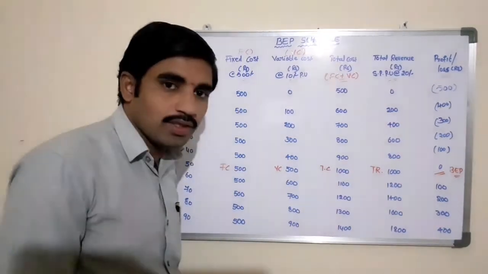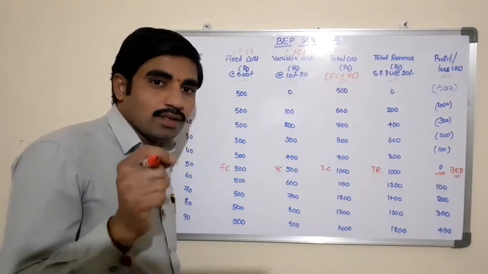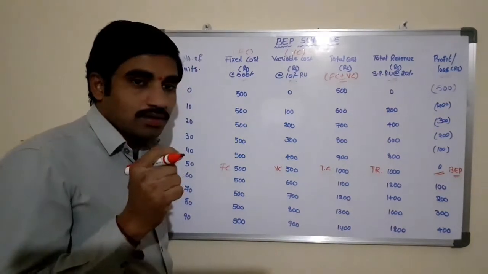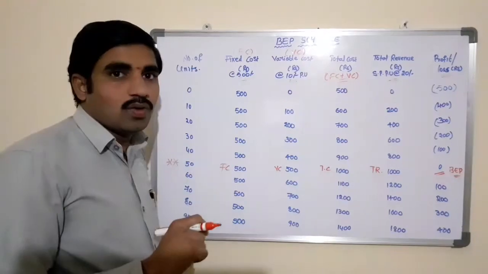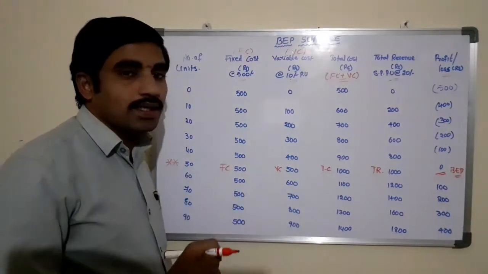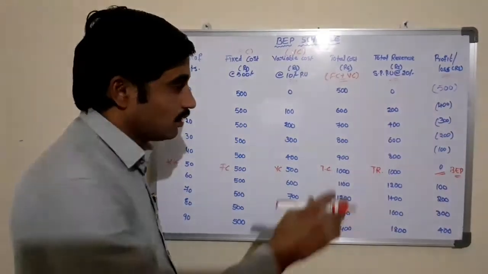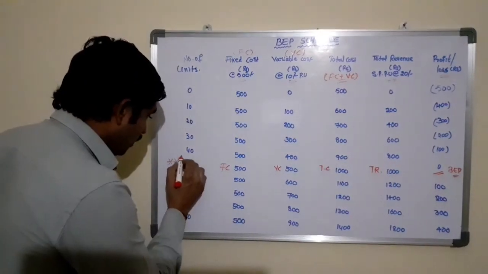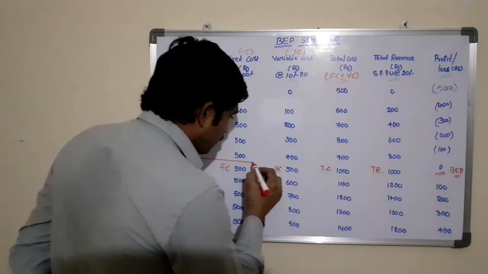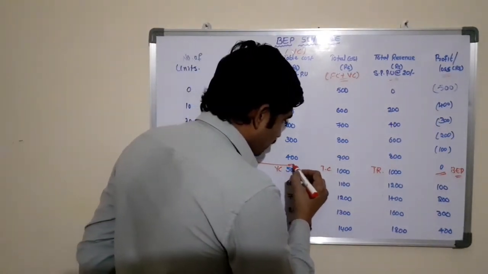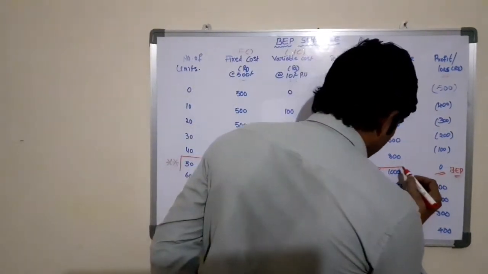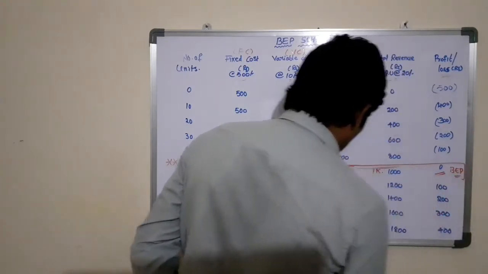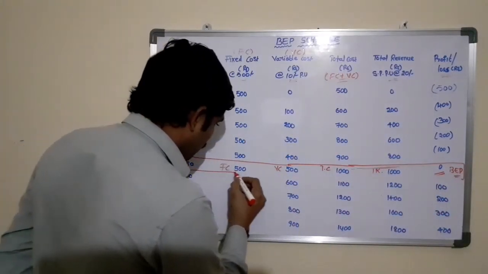What is the break-even point? The break-even point is the point where the company attains no profit and no loss. So here at 50 units, the business is attaining no profit and no loss.